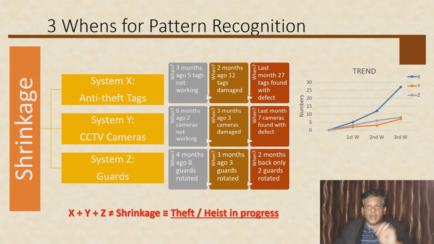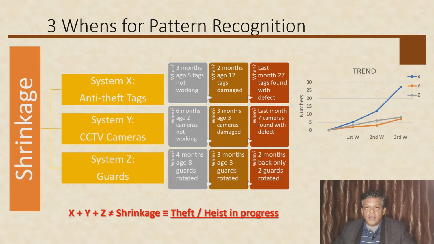So with 2 red flags already in hand, you go ahead and investigate the third system, that is system Z, about the manpower deployment of security guards. If you are not aware of the process, at any facility where security is a concern, the security guards are rotated on a regular basis.